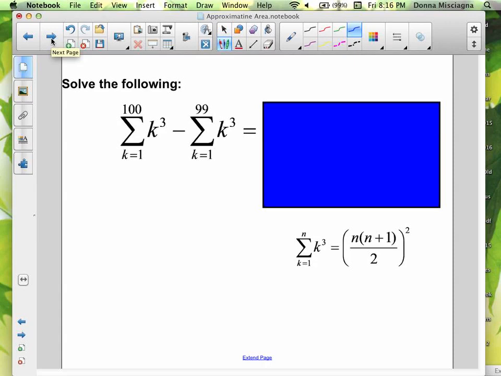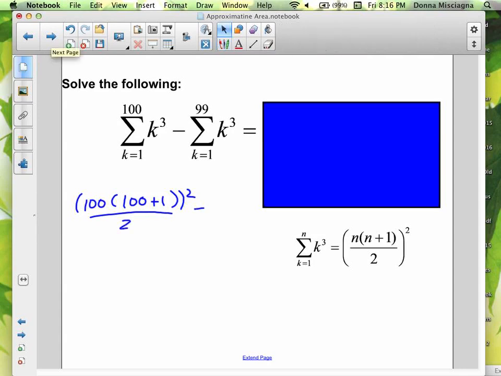The first 100 terms is going to be 100 times 100 plus 1, because that's our n. Our n is 100 for the first one. And then all squared, with parentheses around that, and then divided by 2. And then we're subtracting from that.